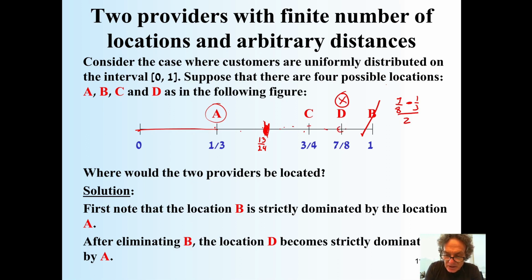Again, the distance is 7/8 minus 1/3, and we split the difference, so each one of us will get half of the length of the interval. Which is what? 21 minus 8 is 13, divided by 48.